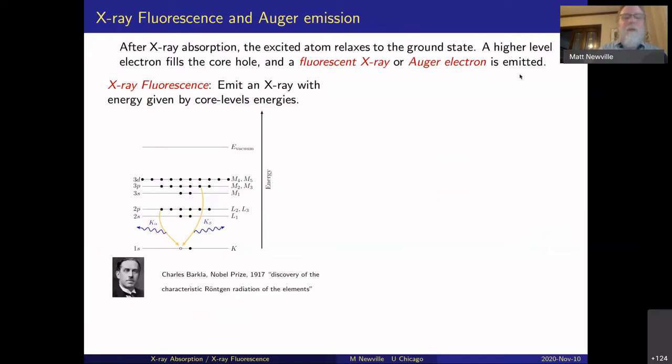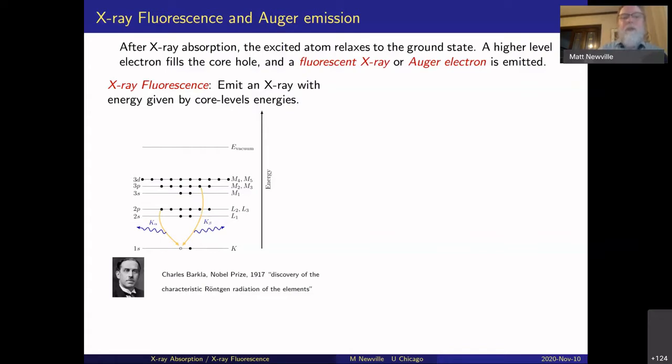Once that hole is created, a higher level can drop down to fill that hole and give off a characteristic X-ray with the difference in energy between the two levels. That could give you K alpha, K beta, and that's X-ray fluorescence. So all of X-ray fluorescence analysis is sending in an X-ray or electron to kick out one of those core electrons, and then measuring the emitted energies coming off of those characteristic energies from those atoms.